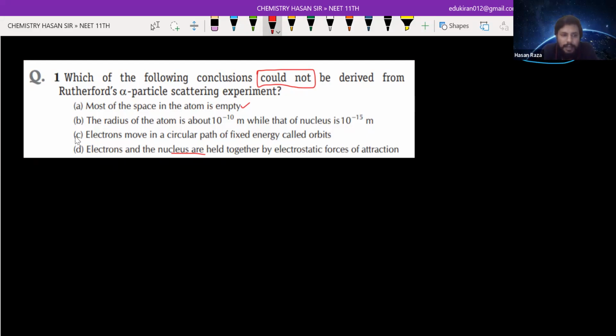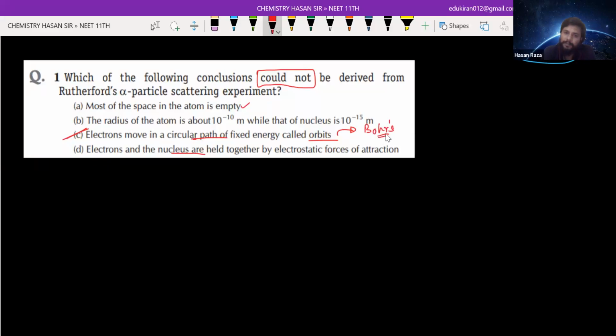But this is the correct answer, which could not be concluded, statement C, from Rutherford alpha particle experiment. Electrons move in a circular path of fixed energy called orbits. This statement was given by Bohr.